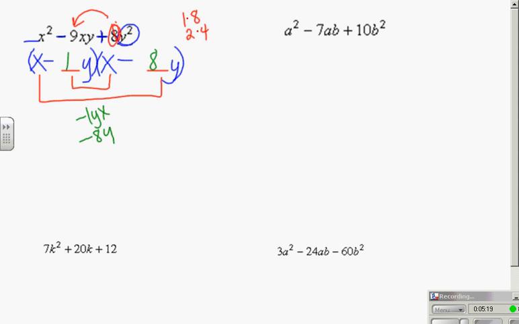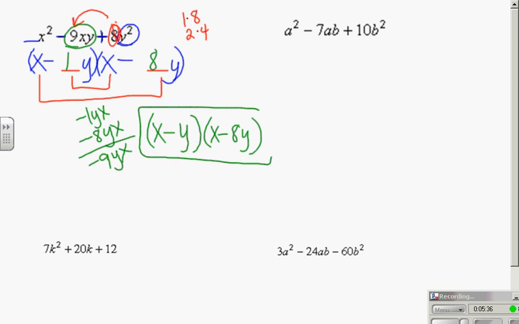And when I test that, I get negative 1yx minus 8yx, which gives me negative 9yx. Yx, xy, same difference, which is what I need. And so my factored pairs are x minus y and x minus 8y. If you FOIL them, you will get your original back. If we look at another example that's just like that one, A is all alone.